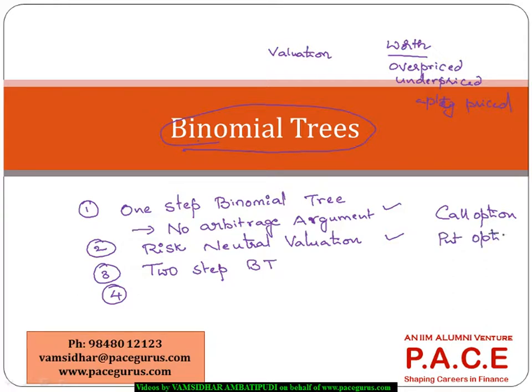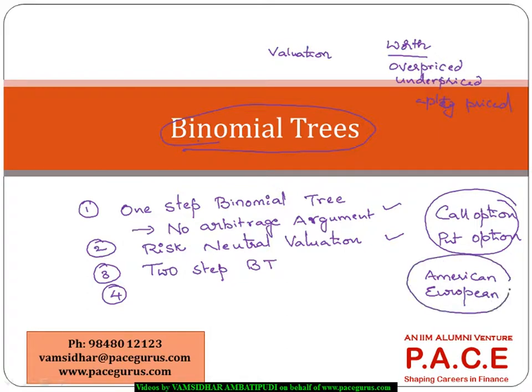And I would even be talking about how this tree would be constructed or used both for American options as well as European options. Even that would be considered a part of our valuation exercise.